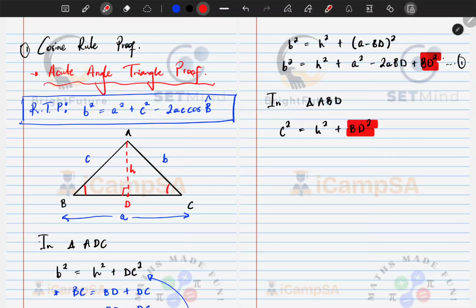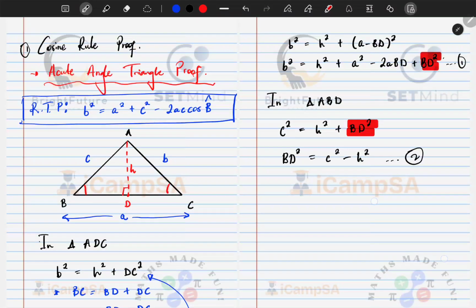So in both these equations now I have something in common, right? So I can make one subject of the formula and substitute it into the next. So I'm going to come here and make bd squared the subject of the formula. So it's going to be bd squared is equals to c squared minus h squared, and this is going to be equation 2, right?